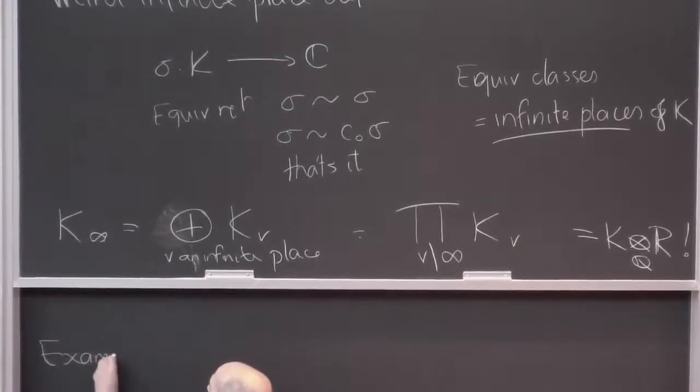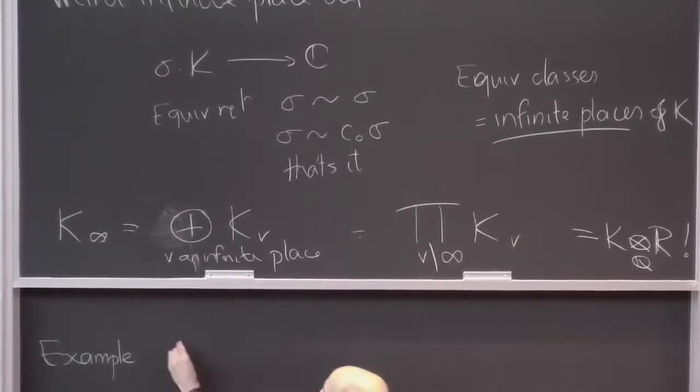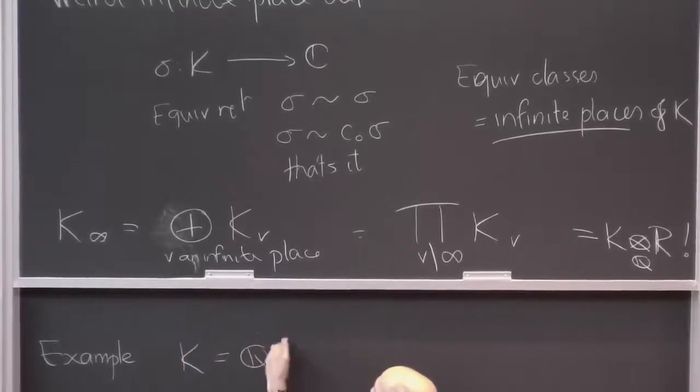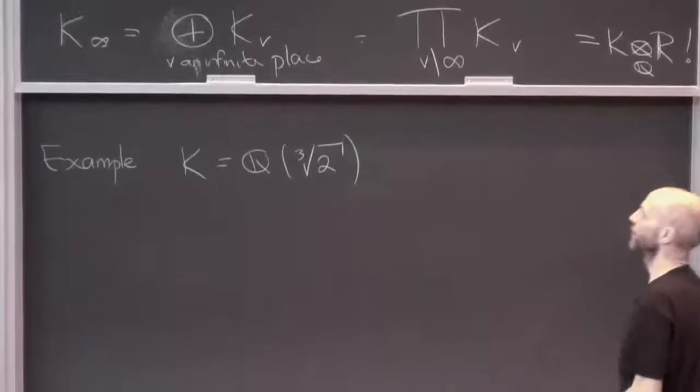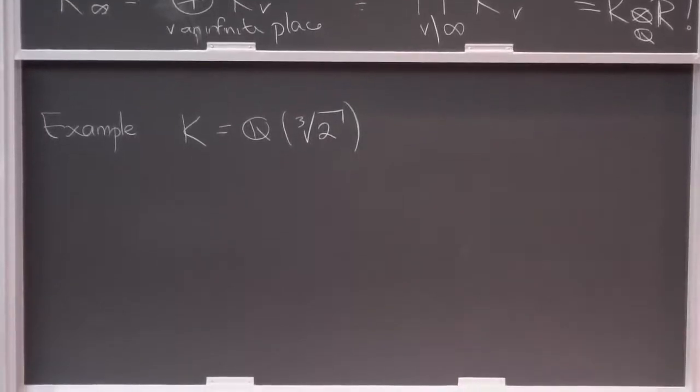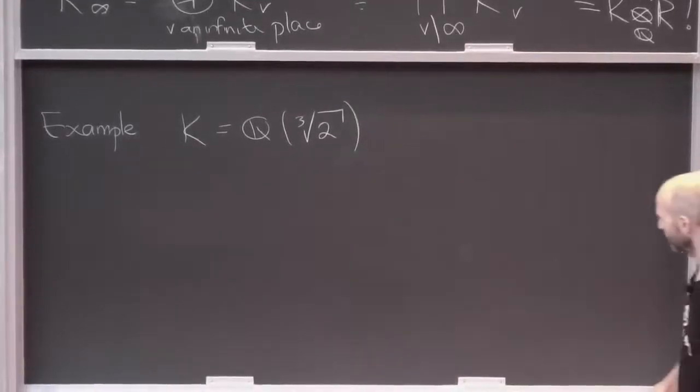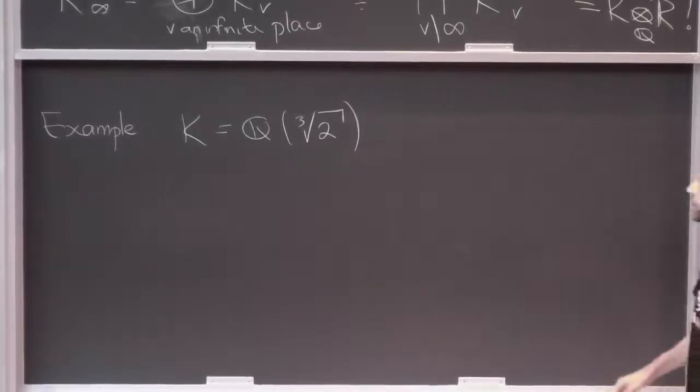Let's do the simplest number field about which we know nothing about global Langlands for GL2. So K is Q adjoin the cube root of 2. You might know that for elliptic curves over CM or totally real fields, we can maybe prove potential modularity, and there are all sorts of fabulous statements about global Langlands conjectures and proofs for GL_n over an arbitrary totally real or CM field.